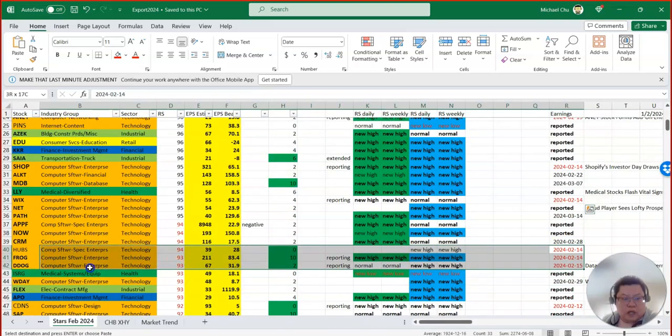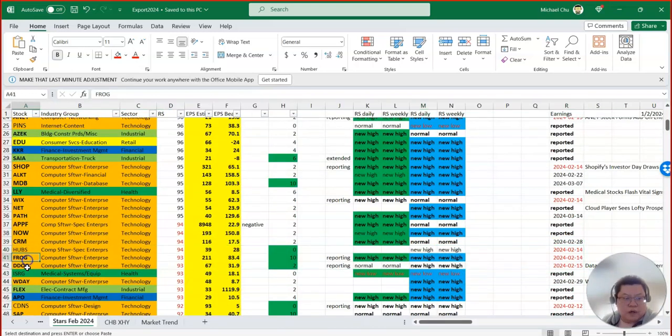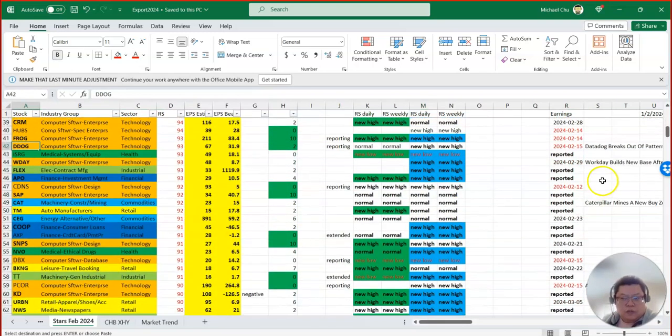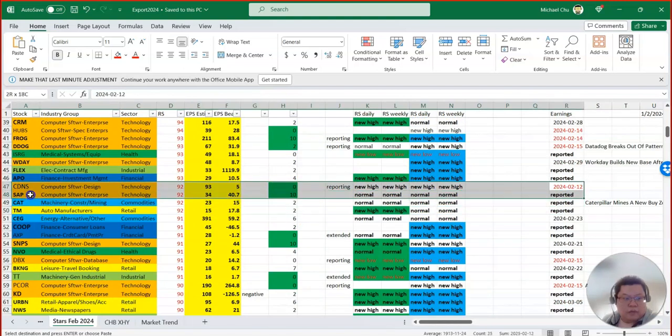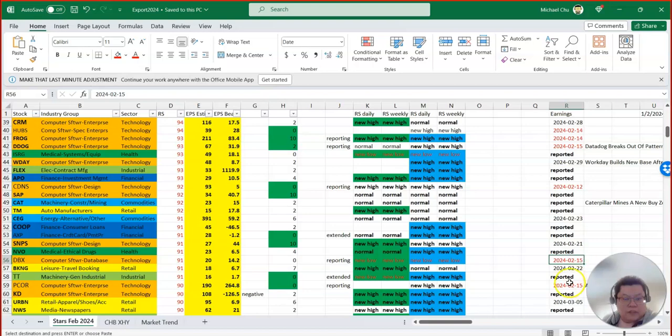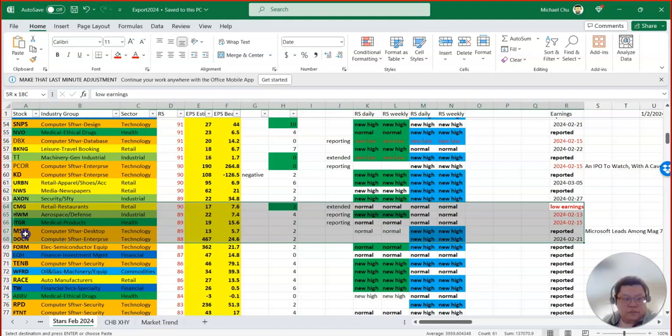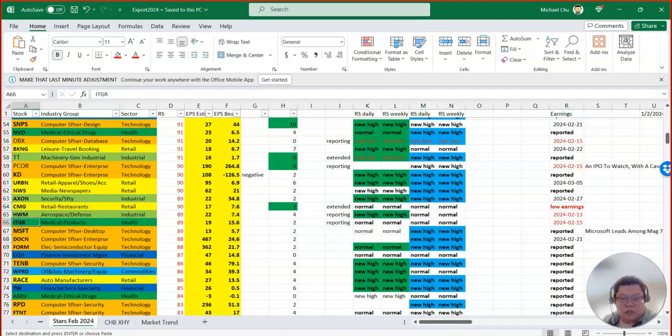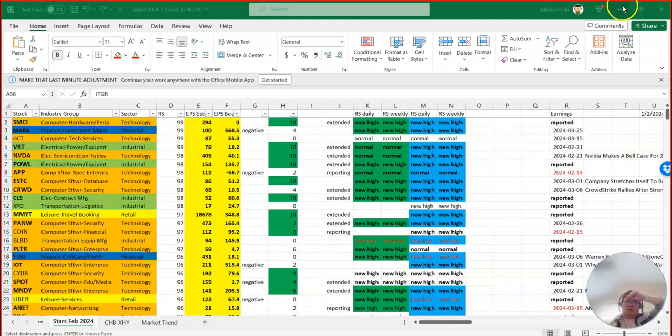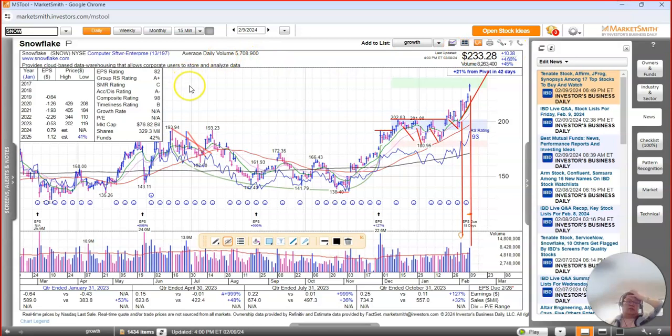There's still a lot of growth stocks reporting. HubSpot, JFrog, Datadog, so I would be aware of how the market moves. CDNS, Dropbox, PCOR, what's this one? HWM, ITGR. Yeah, still quite a bit.